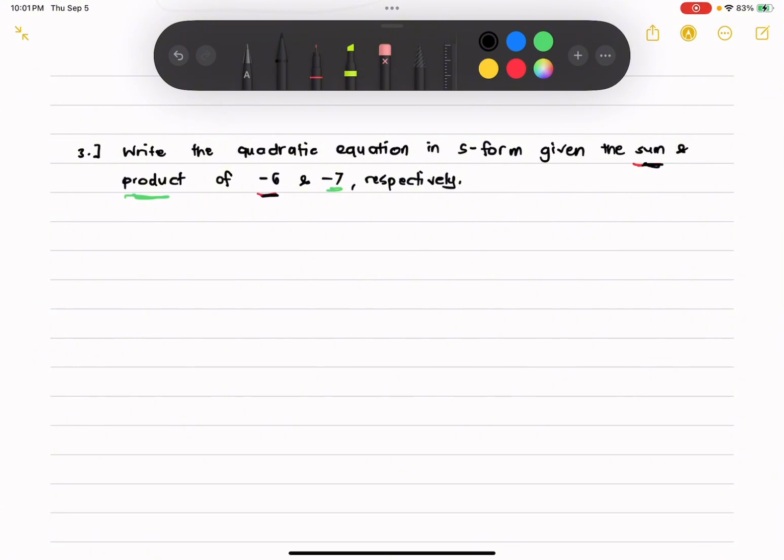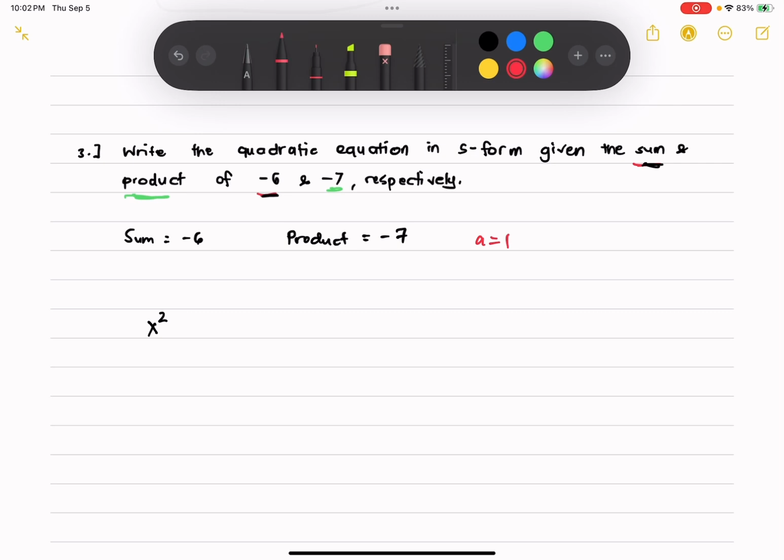So we have negative 6 and the product is negative 7. Okay, so since ang given natin sum and product ay whole number, that means ang value ng A mo is 1. So when writing your quadratic equation, we have x squared.